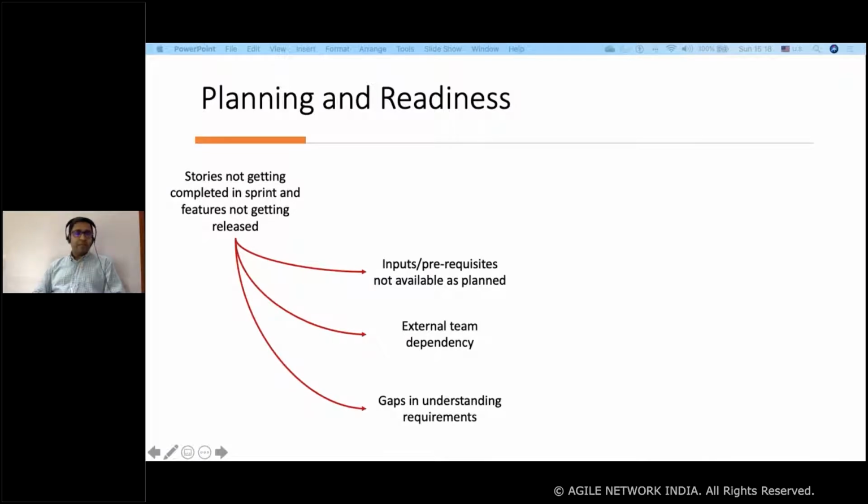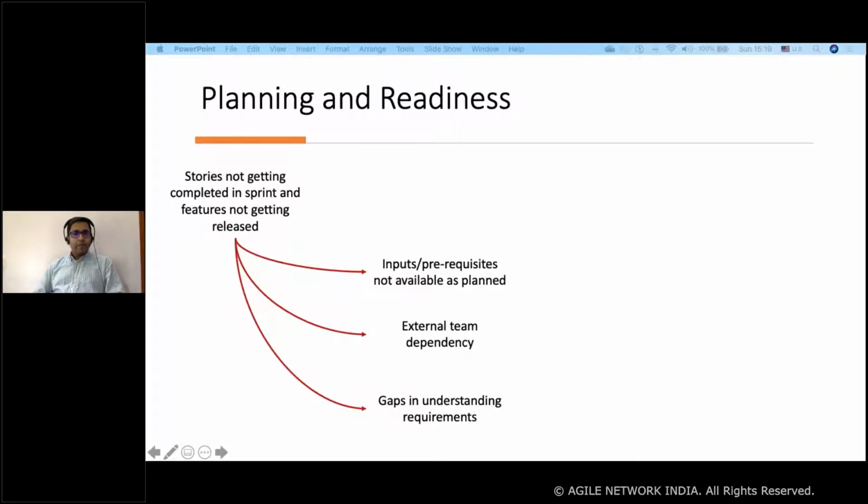For example, if you're talking about UI work, the wireframes related to that should be finalized. Or if it's web content related work, the content is not finalized. In most cases, it's not that the wireframe is not available at all, it would be available, but it's not finalized.